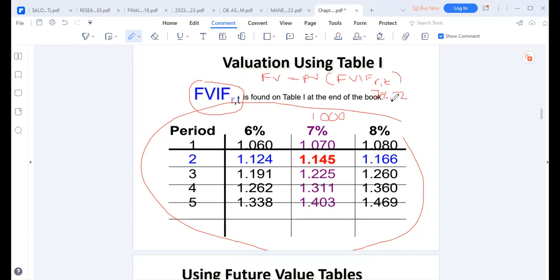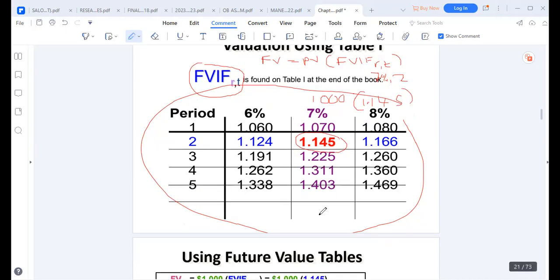So the way we're doing it in QM, we're using such, but these are financial tables. So 7% under 2 years, we're going to have 1.145. So when you multiply that, 1,000 times 1.145, we're going to get 1,145.